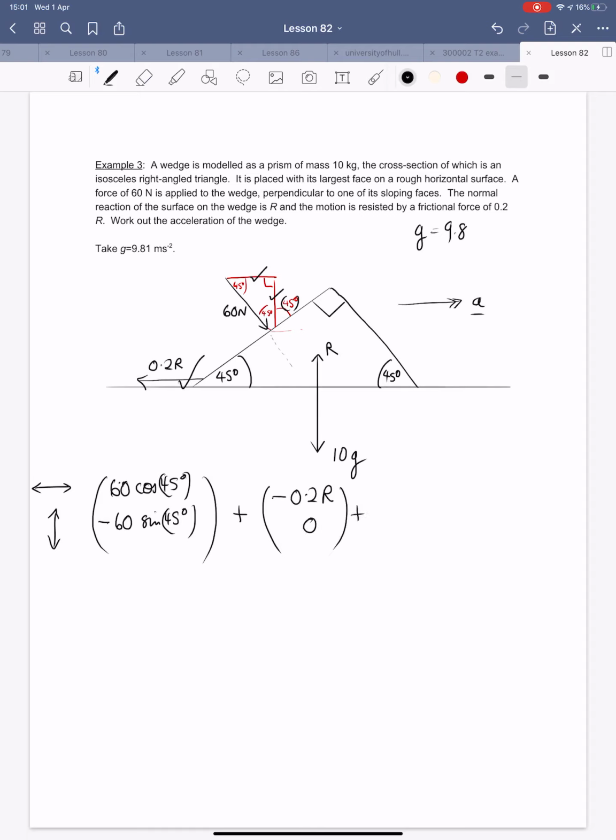This one is 0 horizontally and R vertically. This one is 0 horizontally and 10g downwards, so it's minus 10g. That's all the forces, and that equals mass, which is 10, times the acceleration.